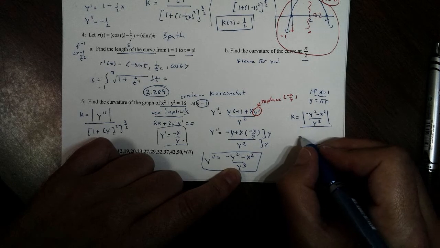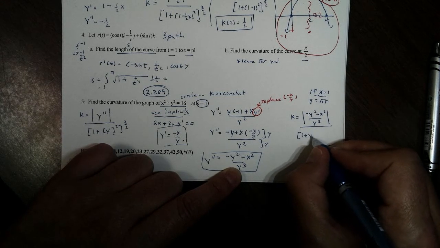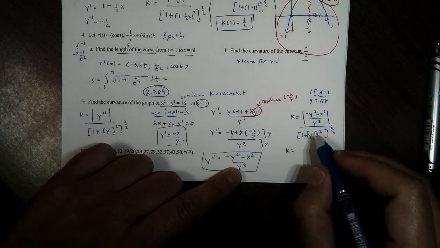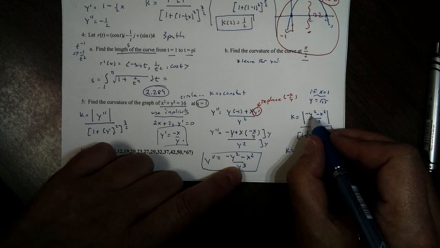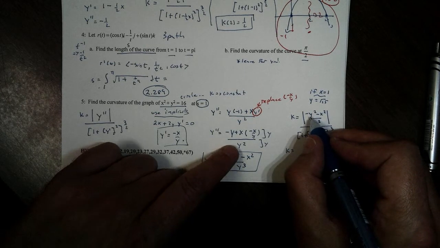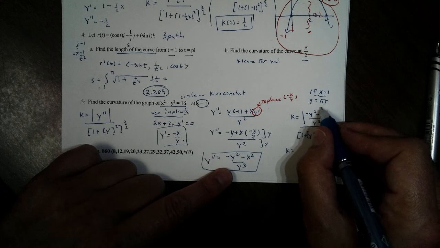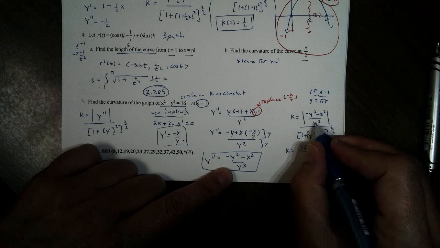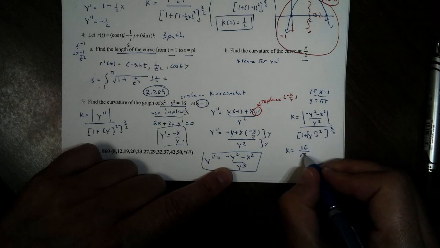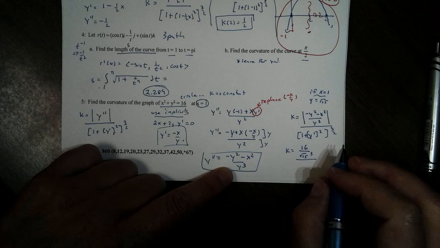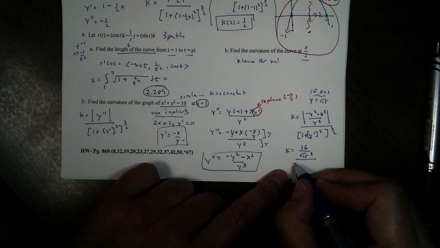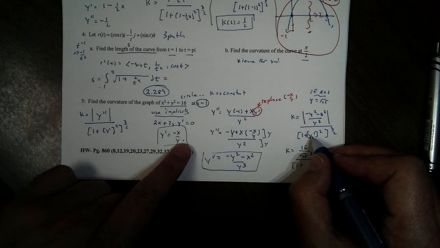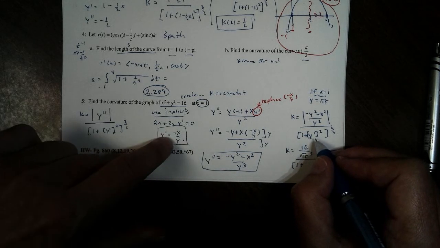over 1 plus y prime squared to the 3/2. So let's go ahead and just plug everything in. If I plug in my y, this becomes negative y squared, which is 15 minus 1. So that's going to become 16 over y cubed, which is the square root of 15 cubed, divided by, plug in here, ready? 1 plus, now be careful, y prime is just x over y.